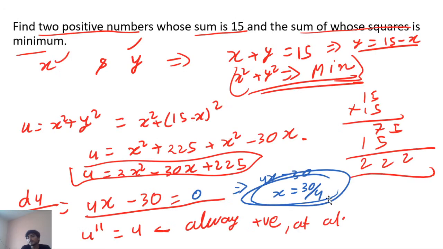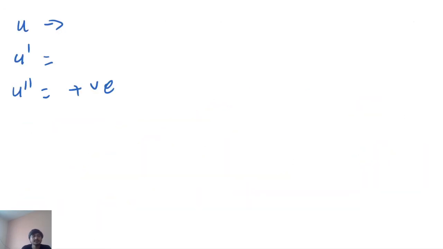So what we got here: first we defined u, then we found u dash, and then u double dash. So u double dash is positive, right? And u dash is zero at x equal to 30 by 4.